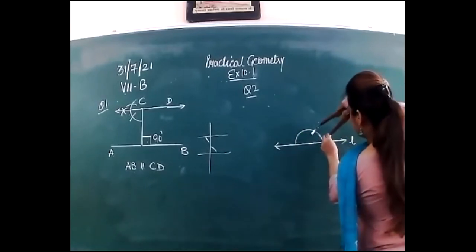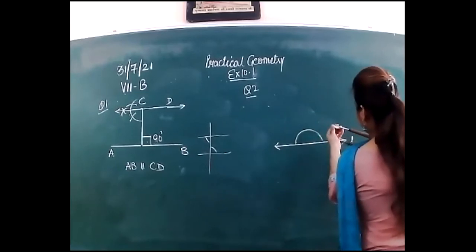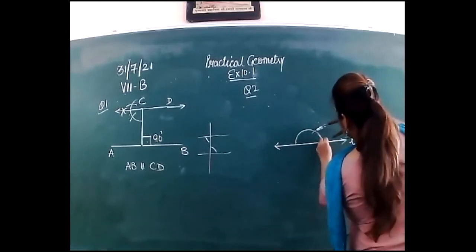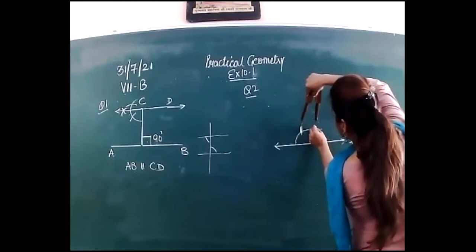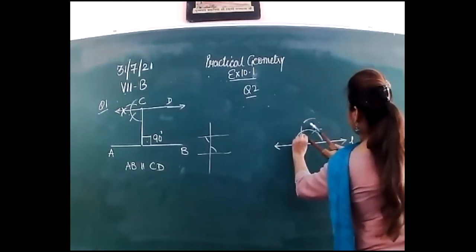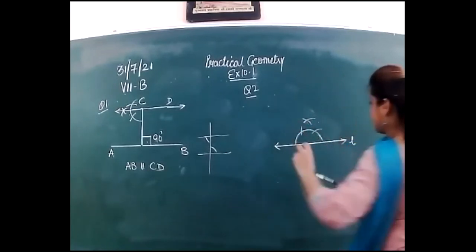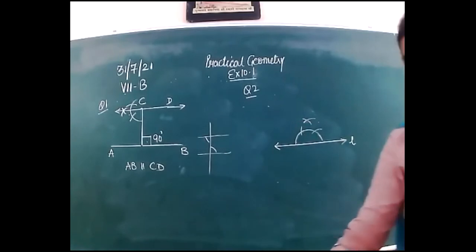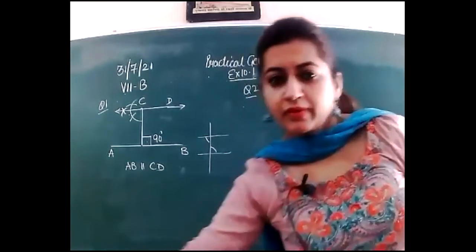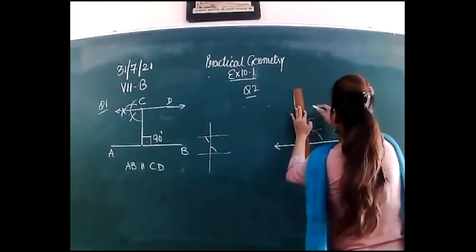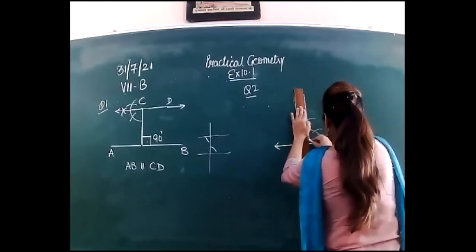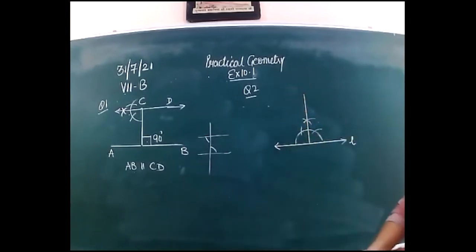Then from this point 60, then 120, then 90. Join this, that will give you a perpendicular. Draw this.